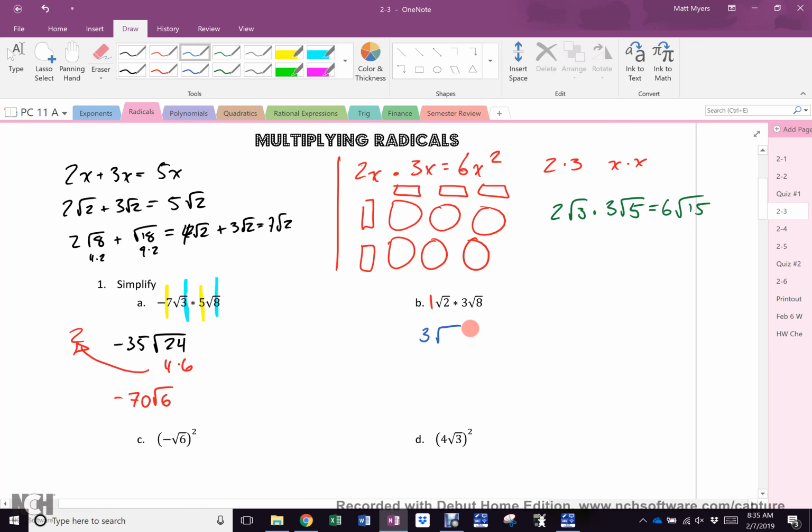Root 2 times 8. 16. What's the square root of 16? Because we simplify whenever we can. 4. So what comes out here? 4. What's already out here? So it's 12. Did I leave anything under there?